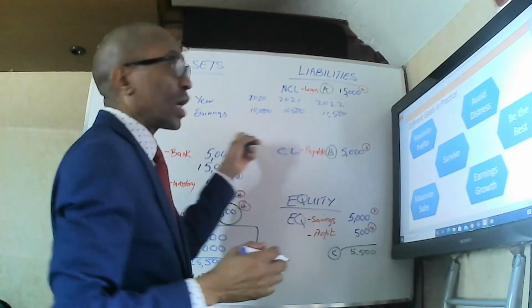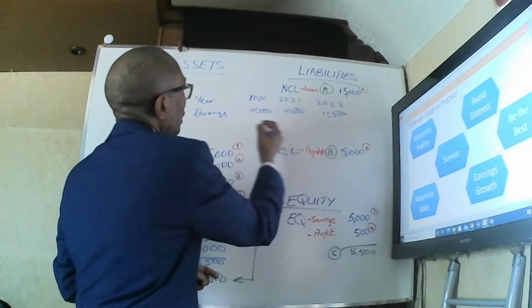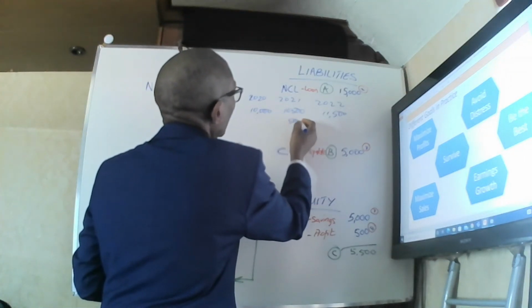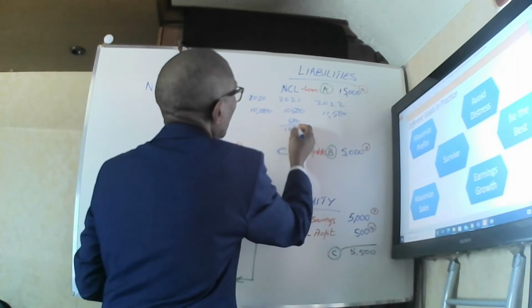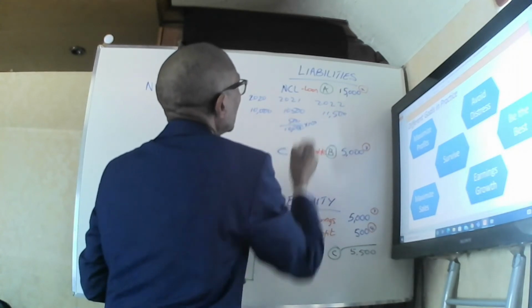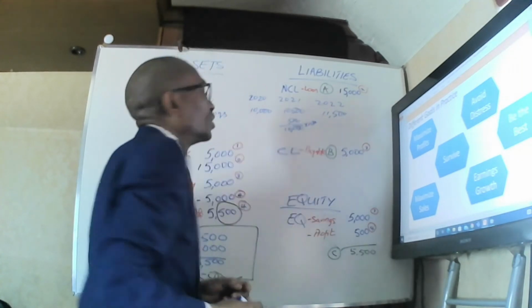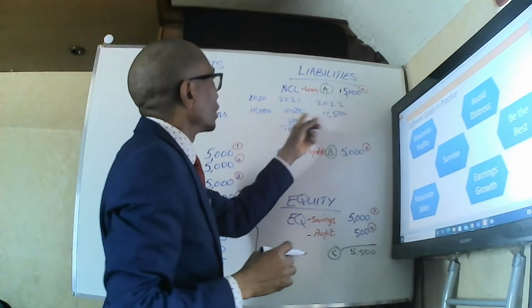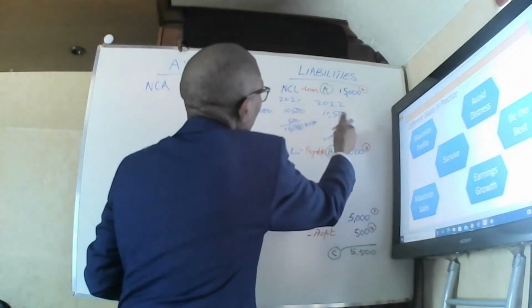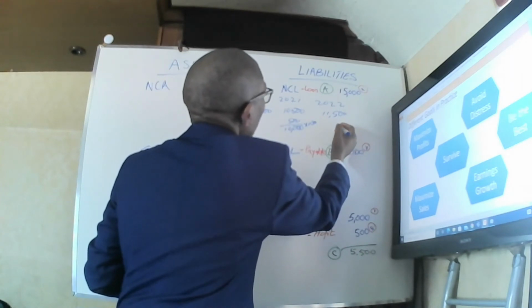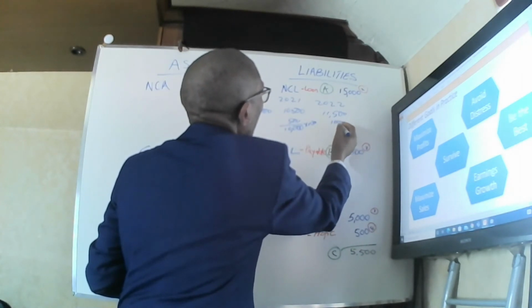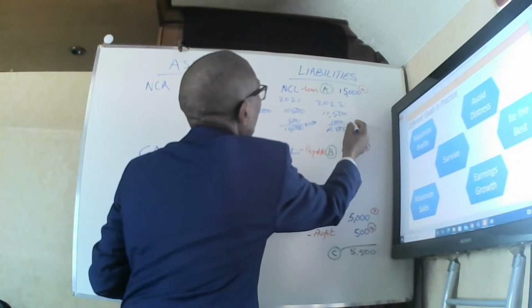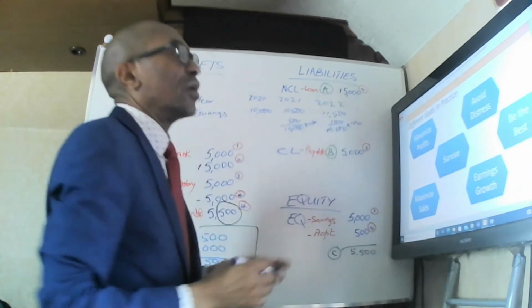So you know how to work out your growth. The growth here will be the difference between the two: 500 over 10,000 times 100. That will be the growth rate for that. The next one will be the difference between this and this, I think it's 1,000 over 10,500 times 100. That is how you check your growth rates.